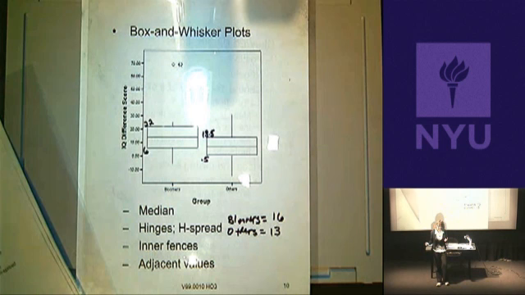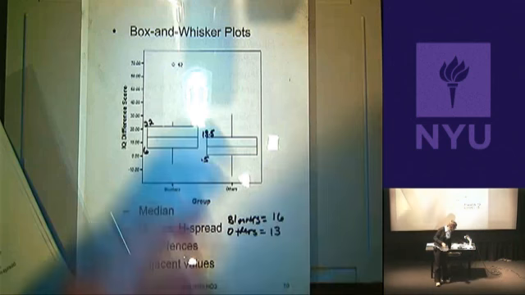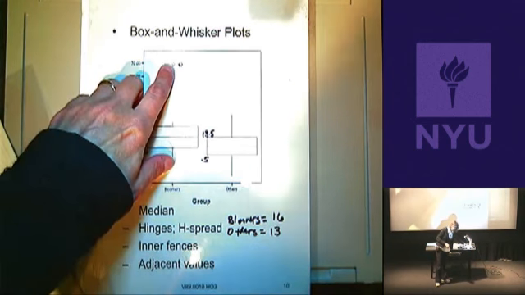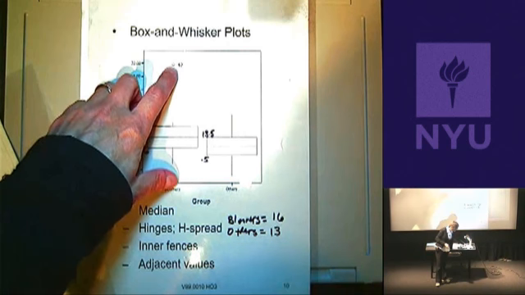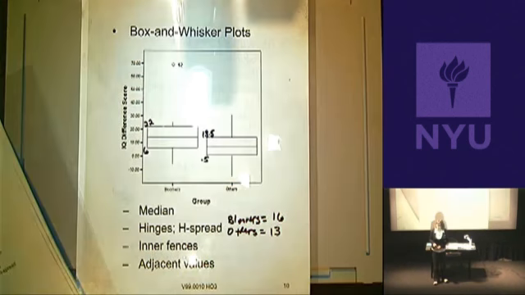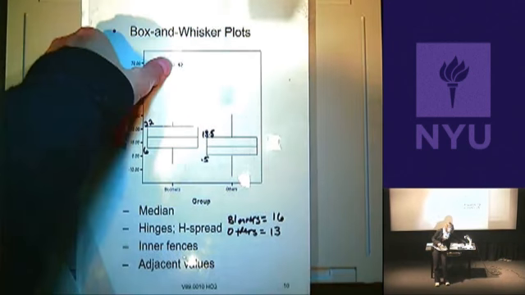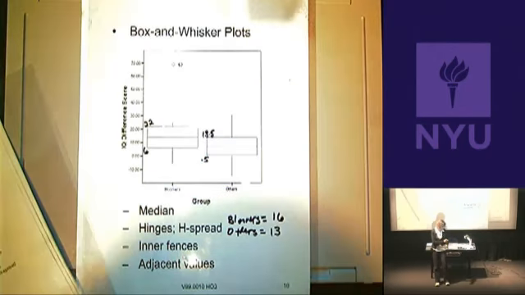What those whiskers show you is the minimum score and the maximum score. And if you'll notice, there's a score here. It's not 12, by the way; it's probably its case number. But that score out there is an outlier because it falls outside. You would think, oh, maybe that should be the tip of the whisker, but it's not because it falls outside the fences.